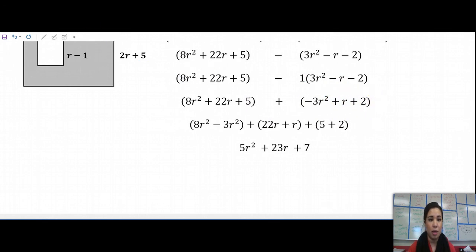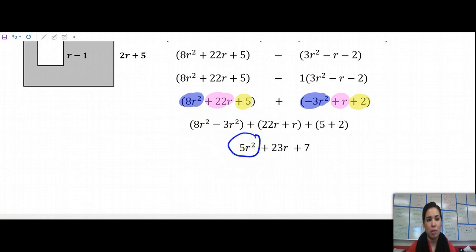So now let's combine our like terms. I have 22r, which can combine with this regular plus r. This 5 can combine with this 2, and then we have an 8r squared that can combine with this negative 3r squared. So let's go ahead and see what we get. 8r squared minus 3r squared is going to give me 5r squared.